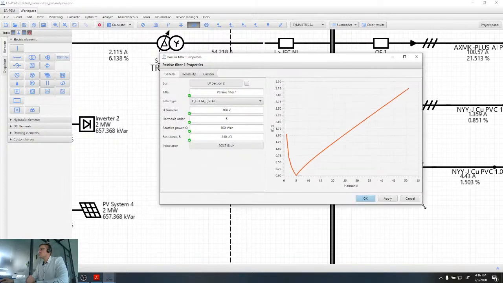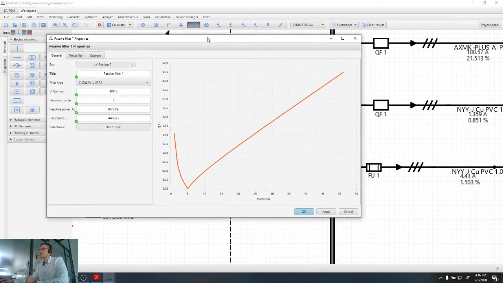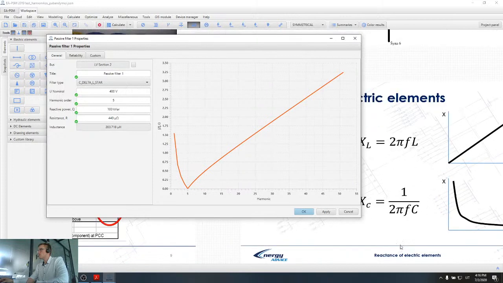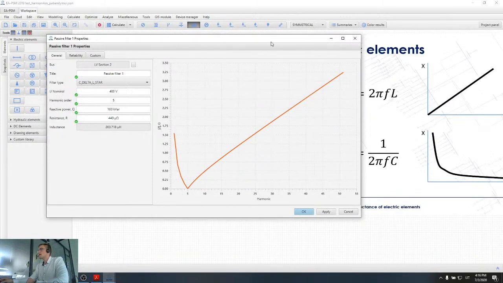The software also calculates what the impedance chart of this filter looks like. We can see that the fifth harmonic is equivalent to 250 hertz frequency. When I have smaller frequencies, my filter works as a capacitor, because the impedance of this filter is reducing. If you go to the slide that I showed you previously, you can see that these curves are similar.